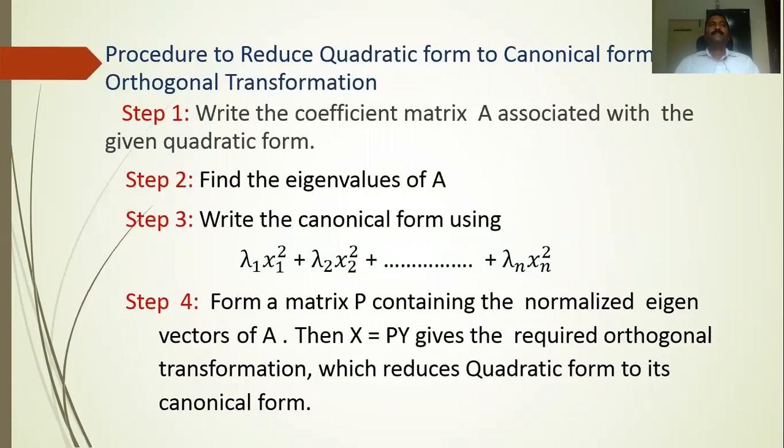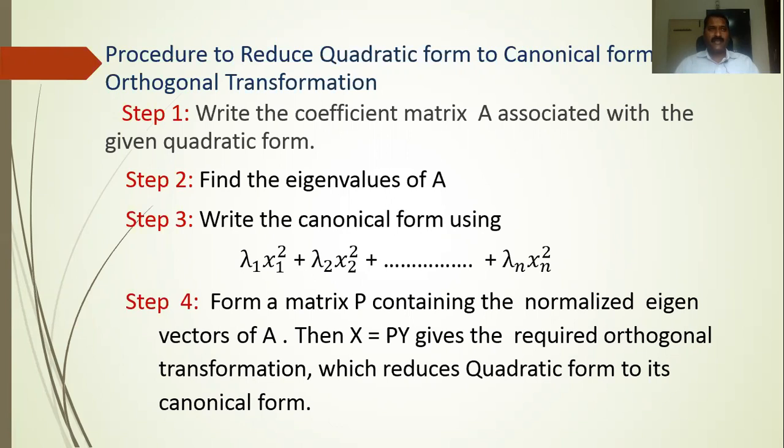Now, a quadratic can be reduced to its canonical form. By canonical form, we mean a quadratic which consists of only square terms. It can be done in two ways. One is a linear transformation, X equal to PY, where the transformation matrix P is a non-singular matrix, and another is an orthogonal transformation, X equal to PY, where P is an orthogonal matrix.